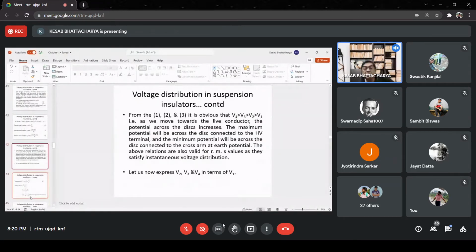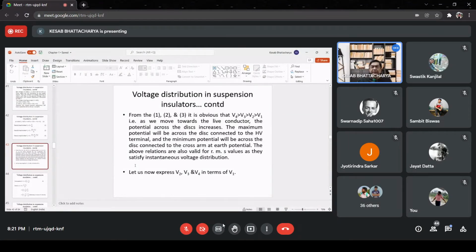We shall continue these equations. Now, our next step will be to express V2, V3, and V4 in terms of V1. That you try yourself. I take a 5 minute break here. After coming back, we shall verify whether you have correctly arrived at the expressions or not.